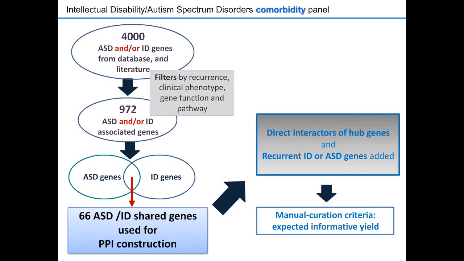A third panel, and I will end with this, is a comorbidity panel, yet another criteria. We wanted to intercept genes that were the cause of a comorbid clinical picture between intellectual disability and autism spectrum disorder.